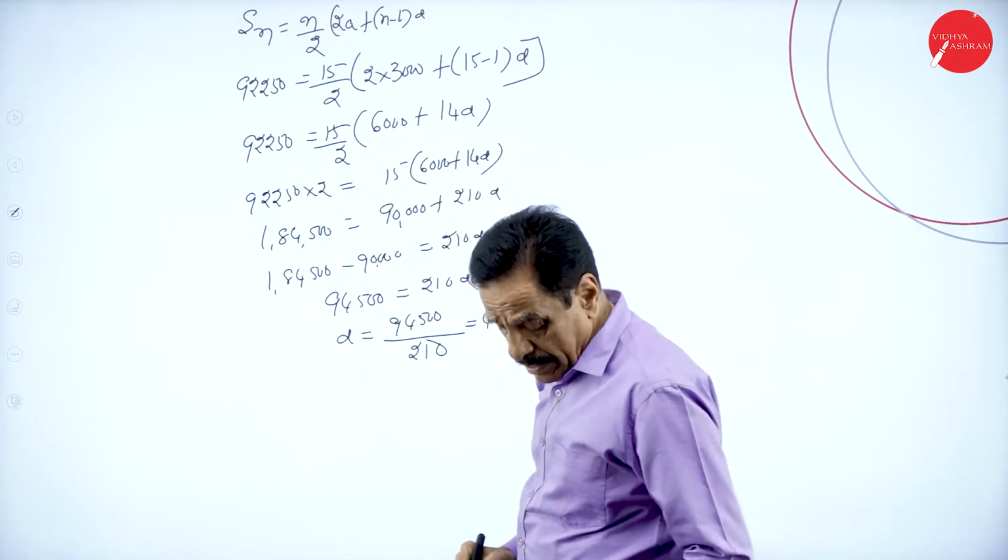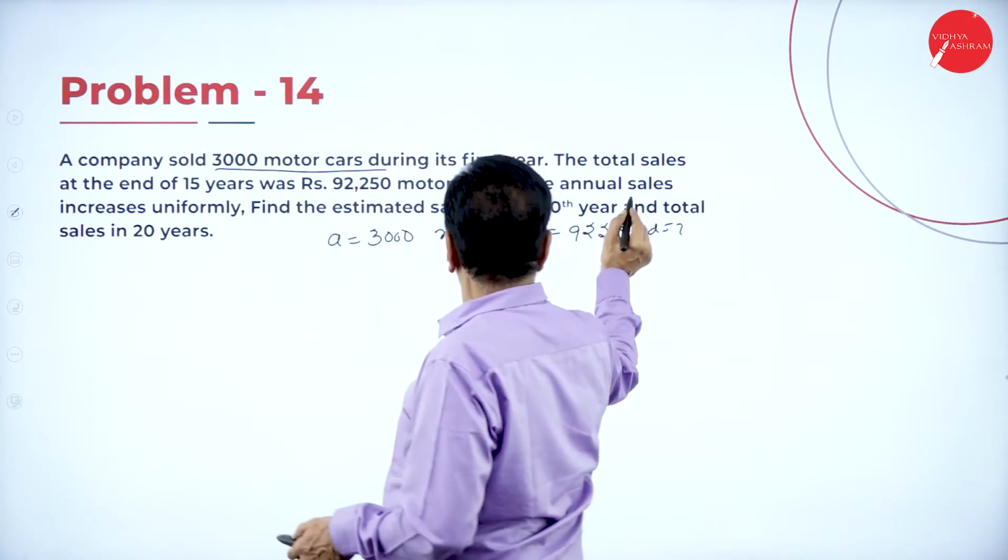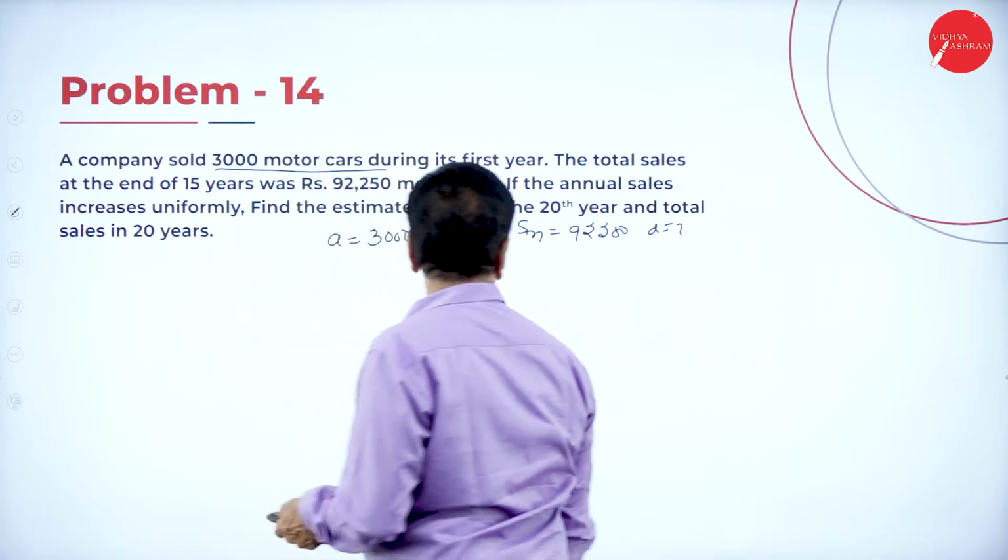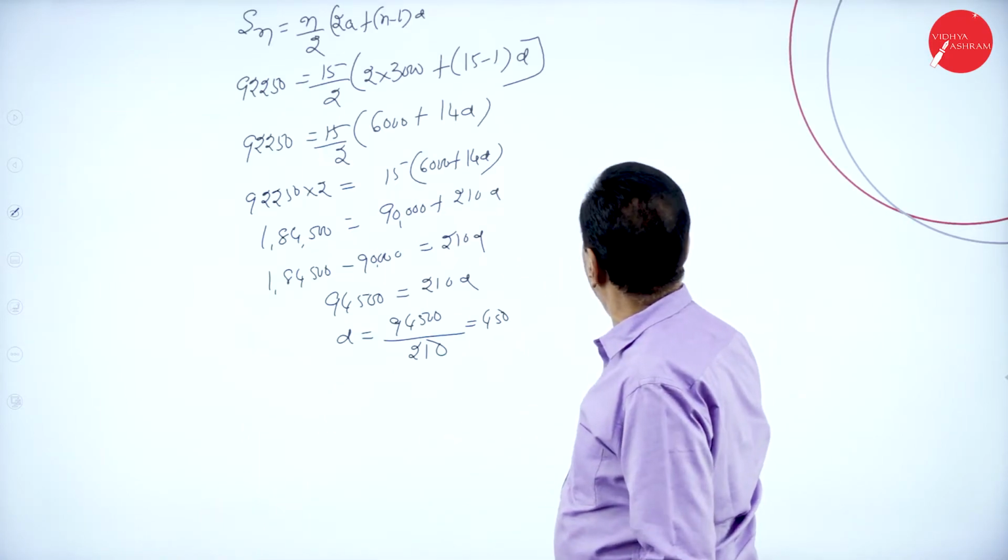Next, what he asked: if the annual sale increases, find the estimated sale in the 20th year.